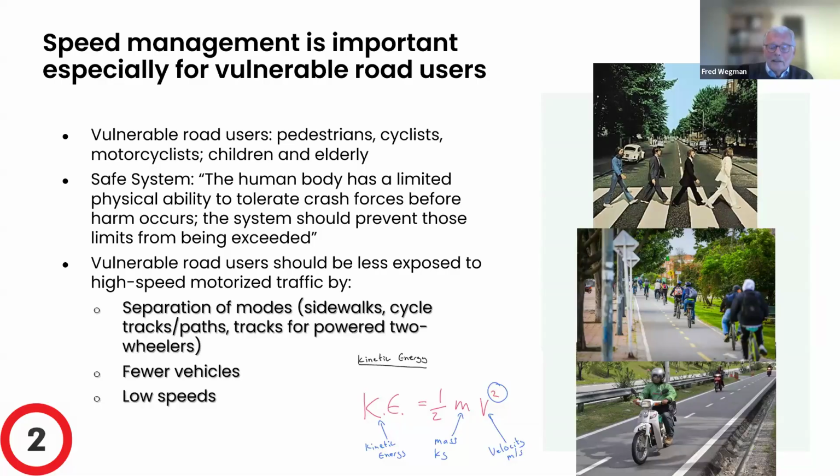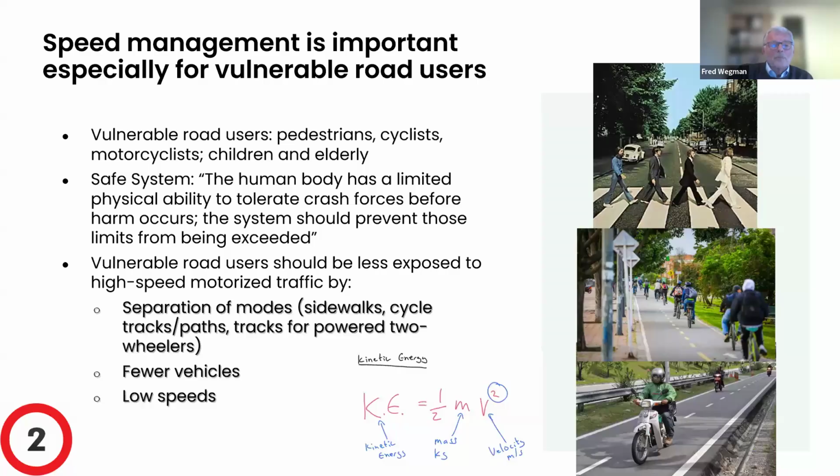So that is a central point in this safe system approach, where you can say, I have to keep speed and the kinetic energy as a result of that, resulting in harm, below a certain level, especially for these vulnerable road users. And we know how to do that.